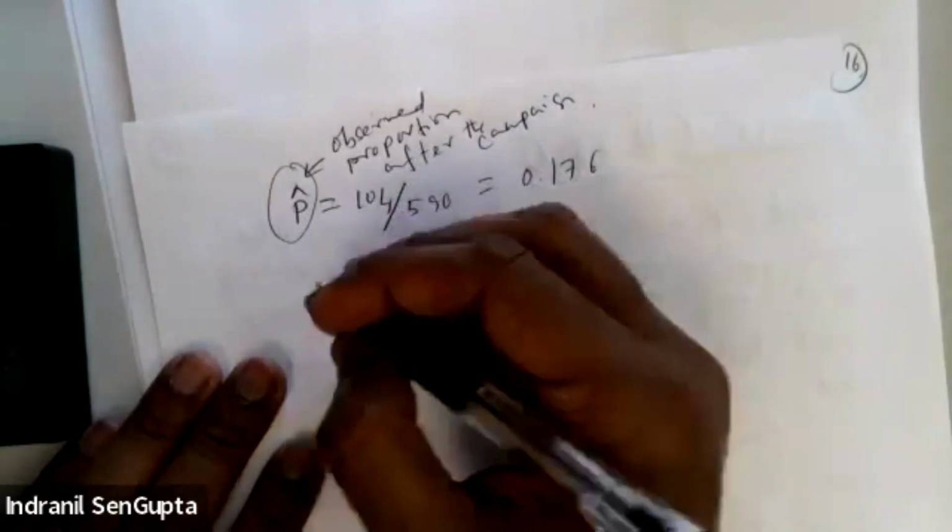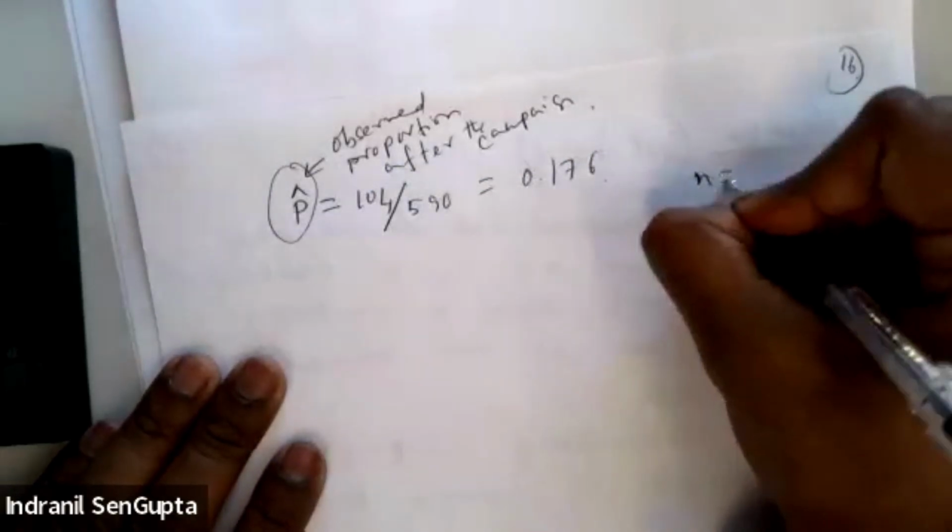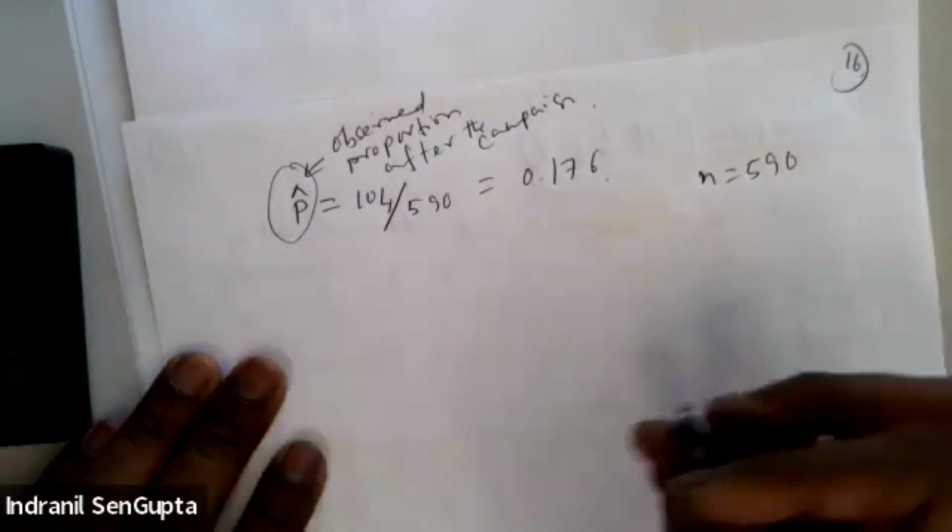For a large sample, which is n equals 590, it can be considered a large sample.